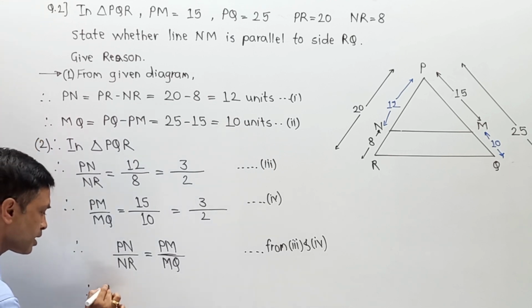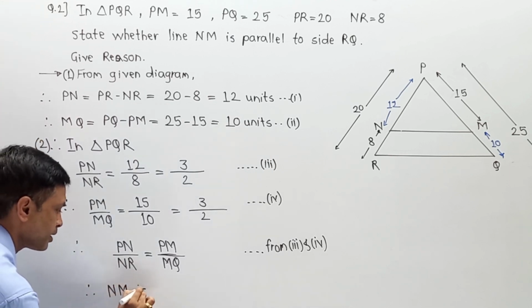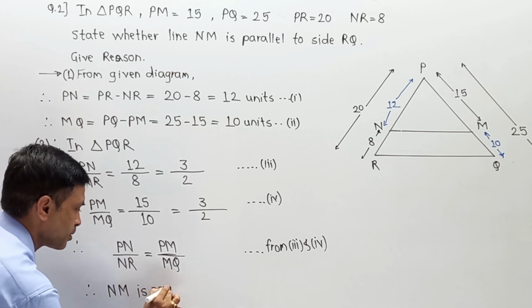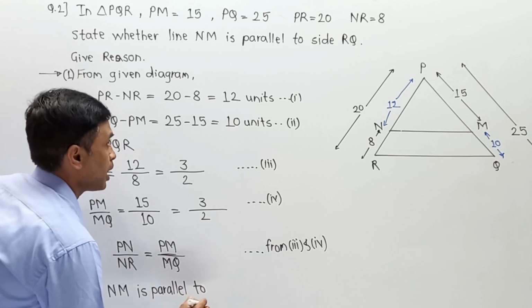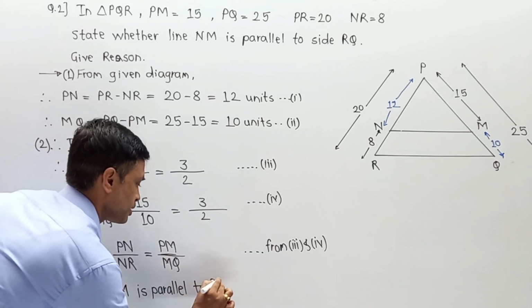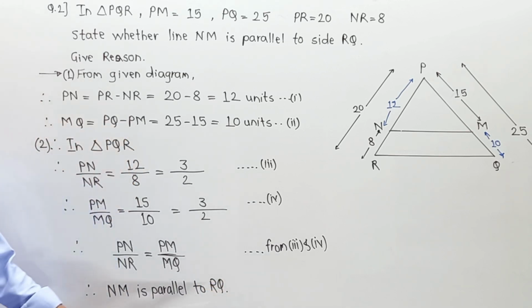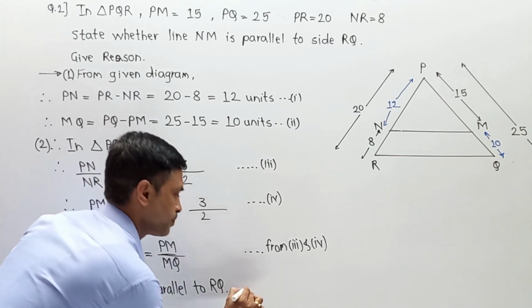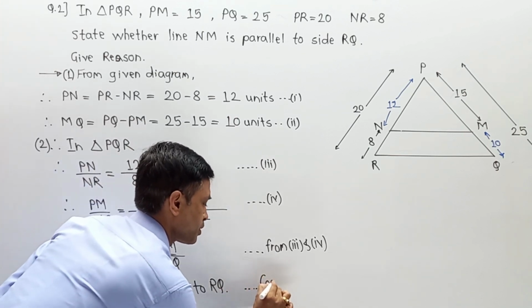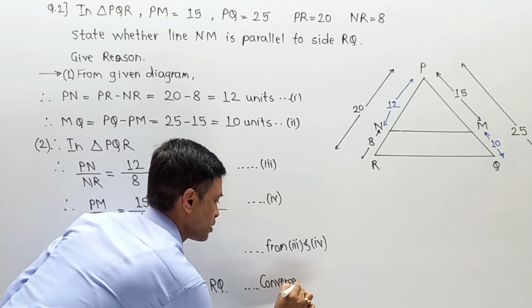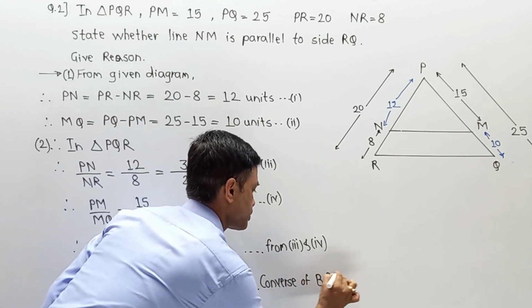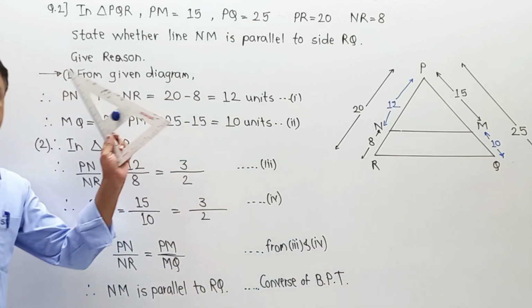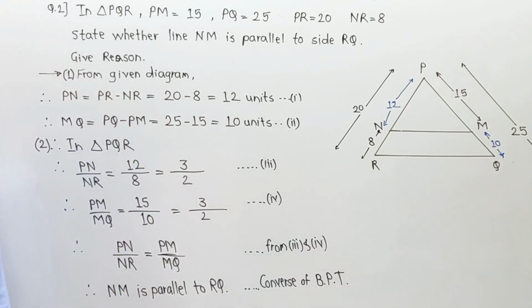Therefore NM is parallel to RQ, and the reason becomes converse of basic proportionality theorem. Converse of basic proportionality theorem, and in this way we can complete the entire part.